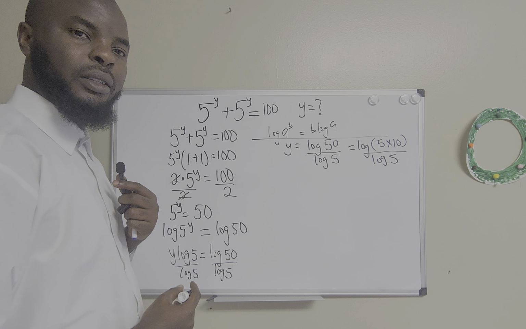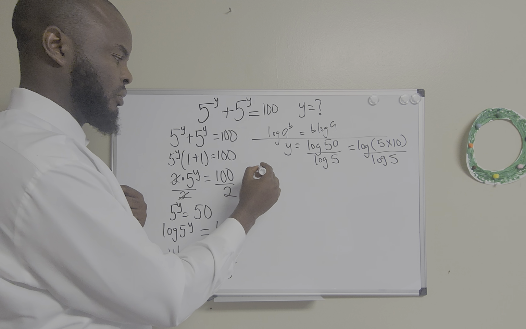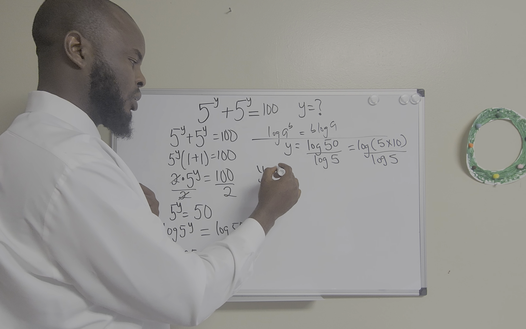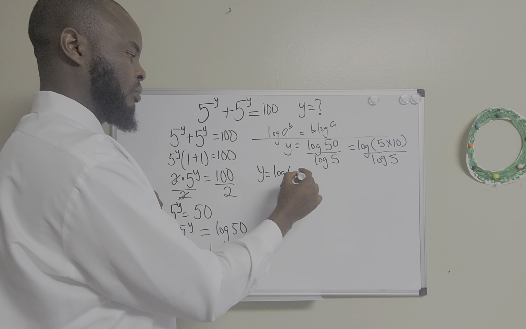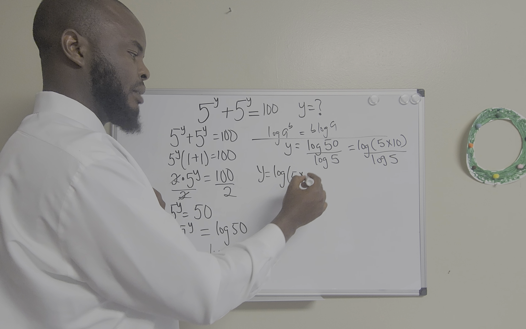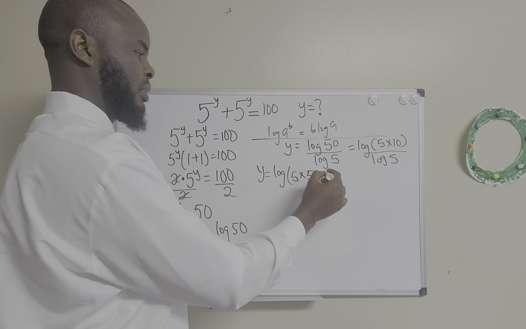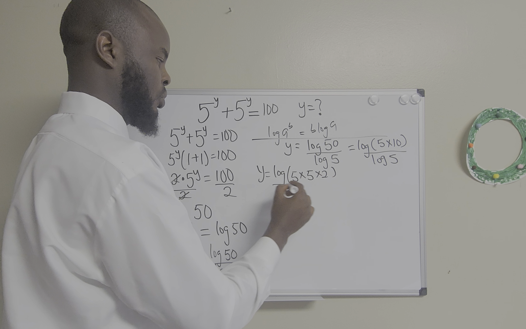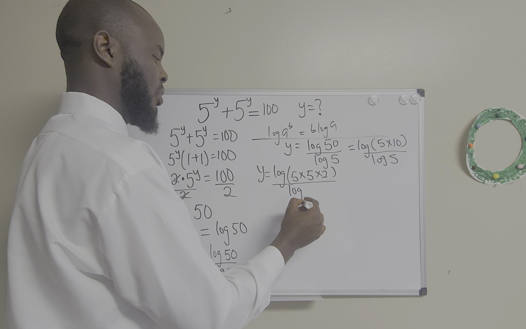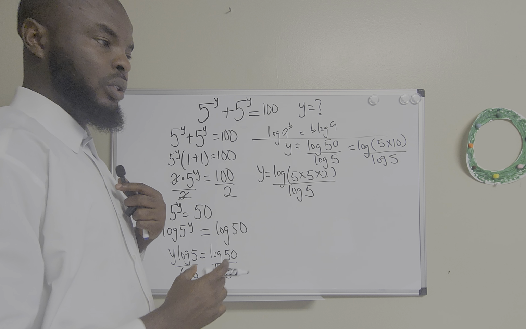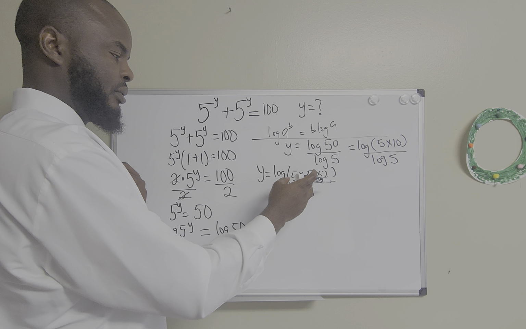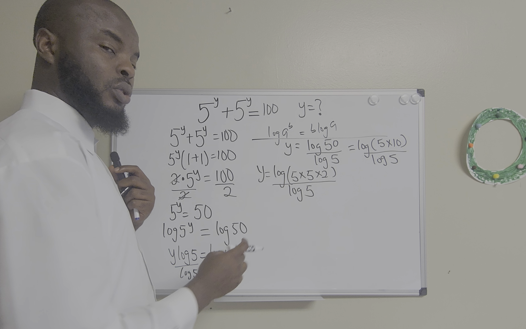In fact, we can break it down. So here I'm going to have my y equal to log of 5 times 5 times 2 divided by log 5. 5 times 5 is 25, times 2 is 50.